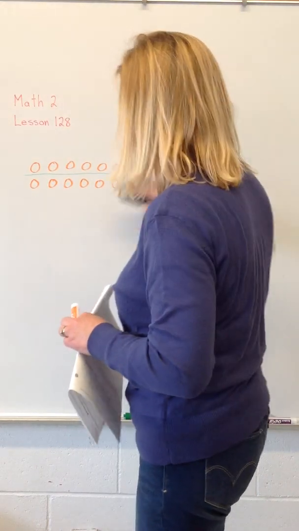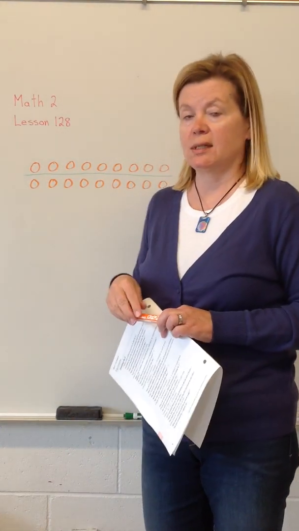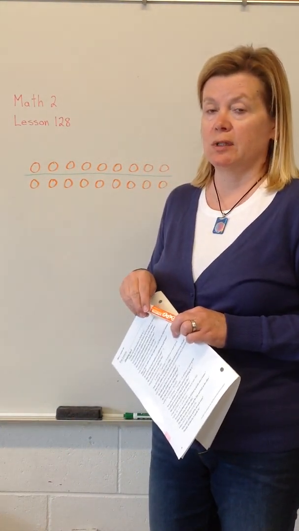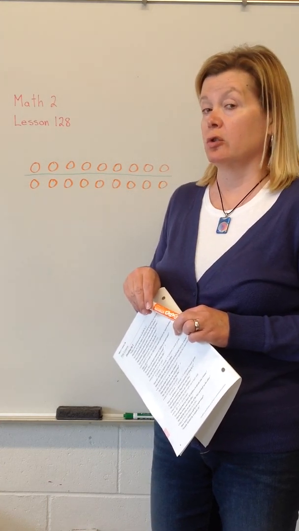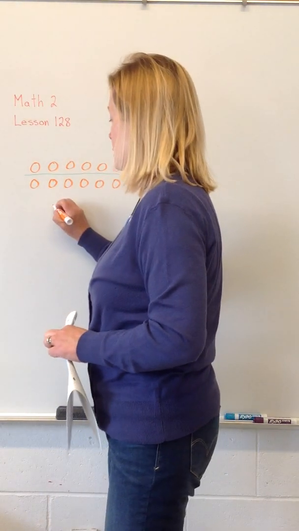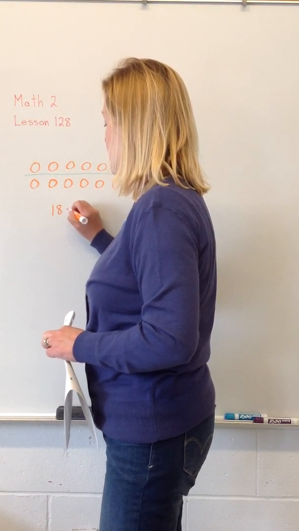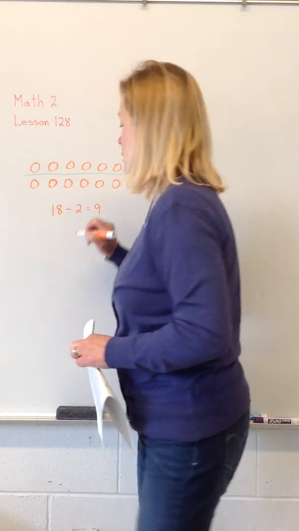So I'm just going to take off 2 of the children. You do the same thing with your tiles. Take away 2 of the tiles. All right, how many children are in each group? We know that 18 divided by 2 equals 9.